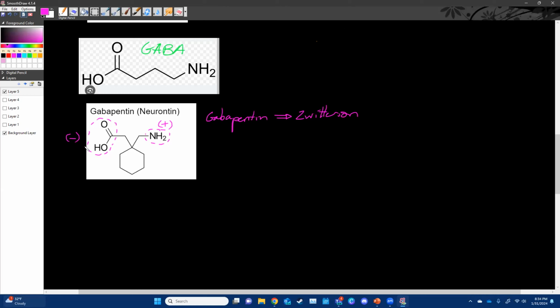So it has a negative zone and a positive zone, but overall it is neutral. What this means is that gabapentin is very, very poorly absorbed.